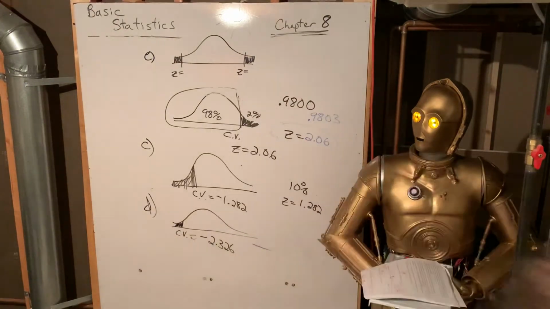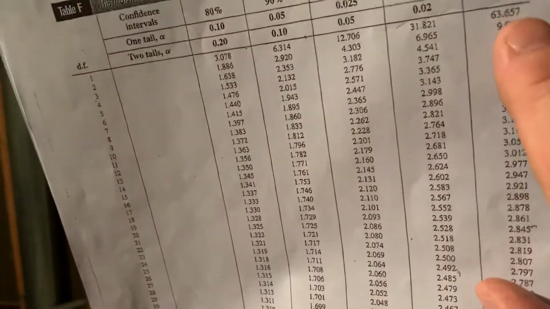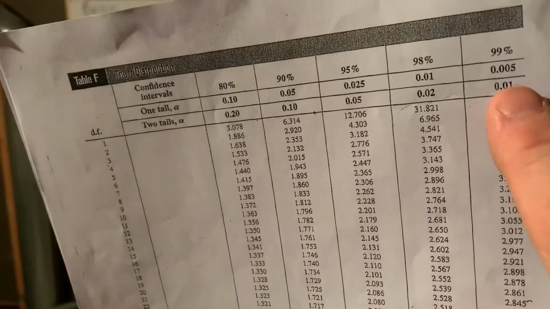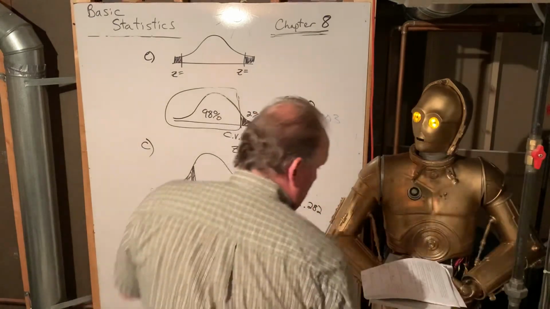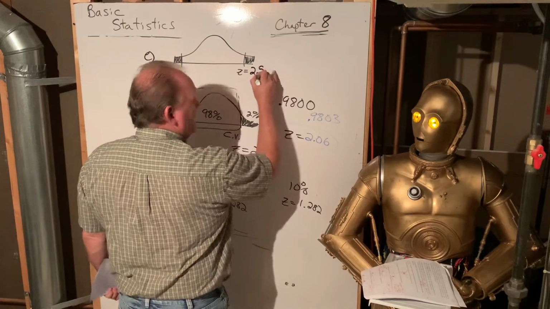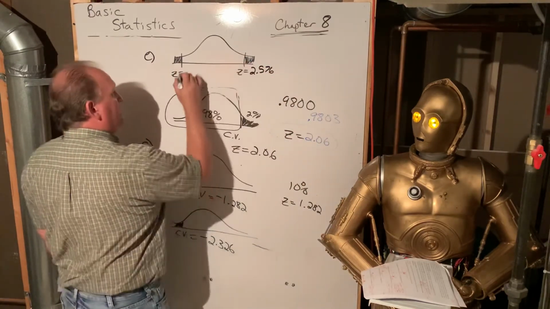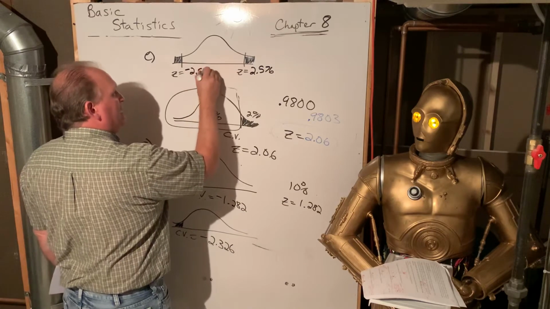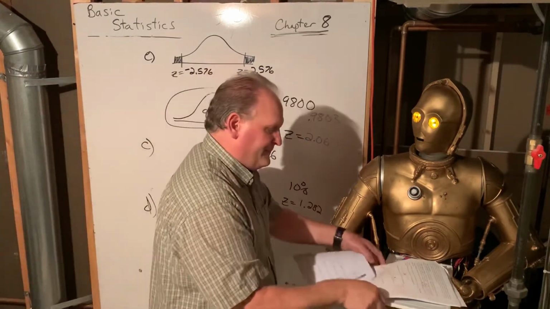We follow it all the way to 1%, and then we go all the way down to the bottom. And that's how we get both of those z-scores. We don't split the z-scores, we just make it 2.576, that's one tail, and then negative 2.576, that's the other tail. All right?